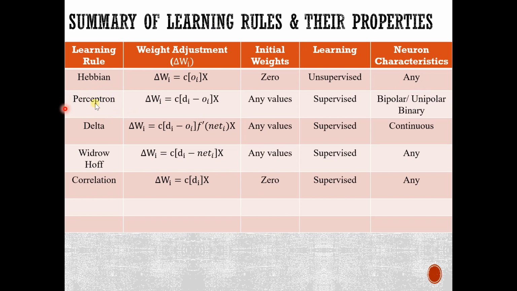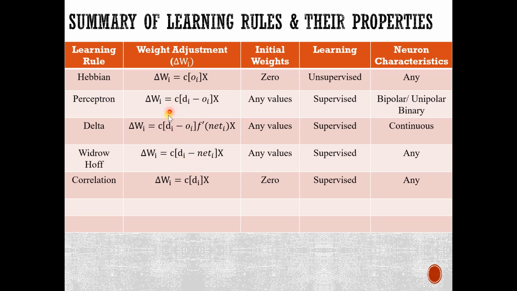Moving on to the perceptron learning rule, here the learning signal r is d_i minus o_i. So desired as well as actual outputs are taken into consideration. Initial values of the weights can be anything. It is a supervised learning rule, because d_i is present.